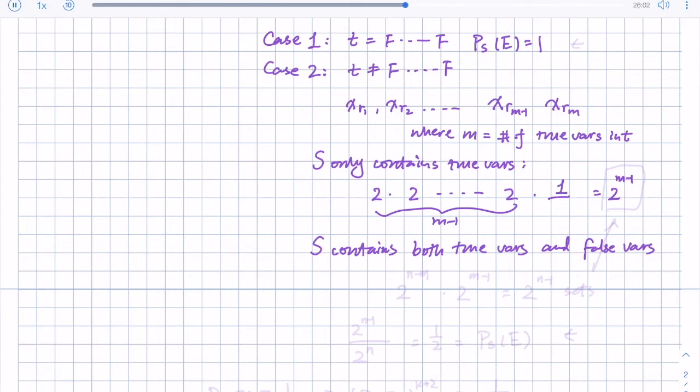Because we know that we can build this number of subsets that only contain true variables, the subsets that contain both true variables and false variables are basically these subsets appended with some false variables. So we can freely choose the n-m free false variables, and then append them to the 2 to the n-1 true-variable subsets. So then we get 2 to the n-1 sets.